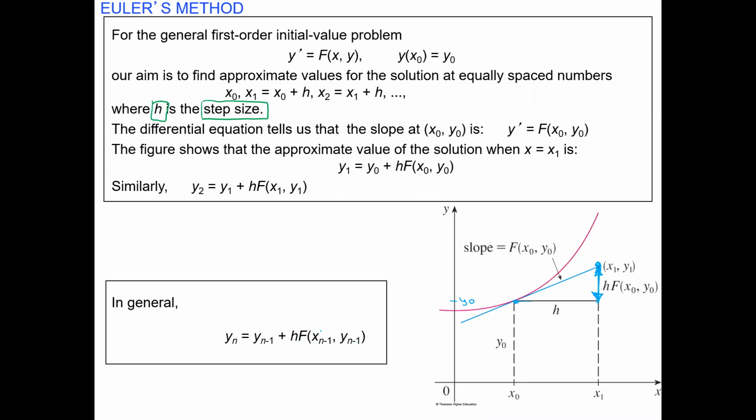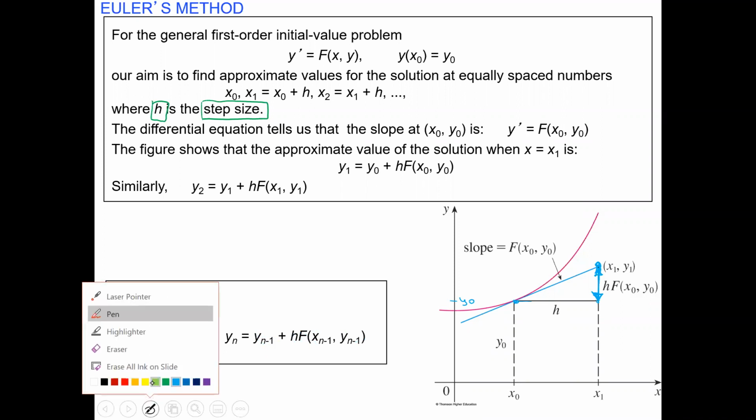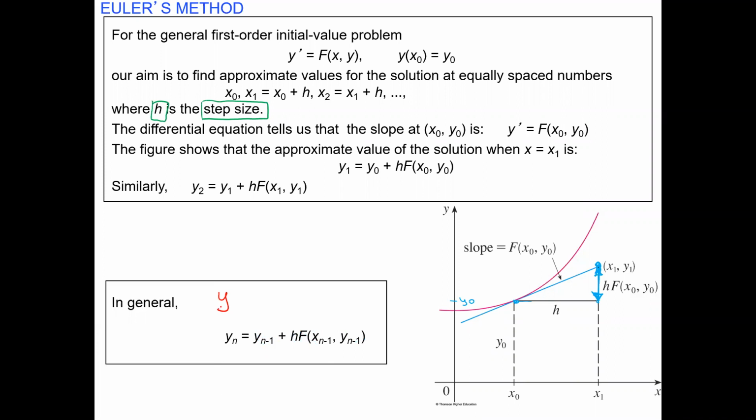So y sub n is the previous y value plus the step size times the corresponding slope. That's how we can compute. That's actually Euler's method, Euler's formula.